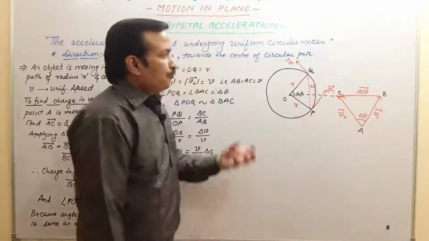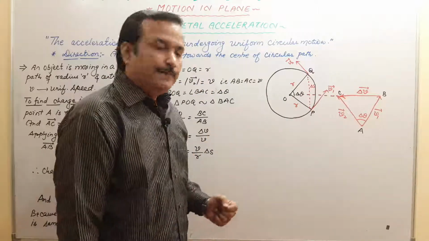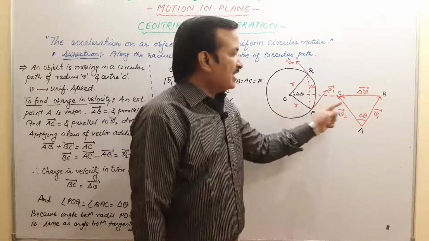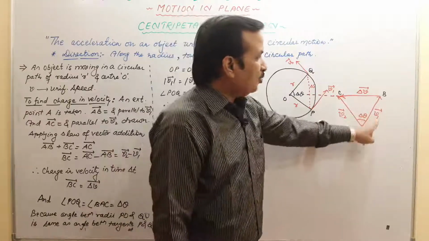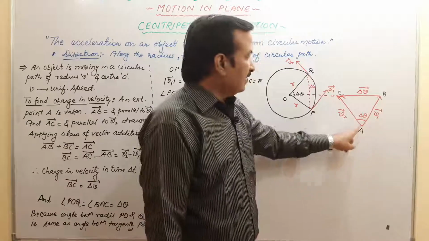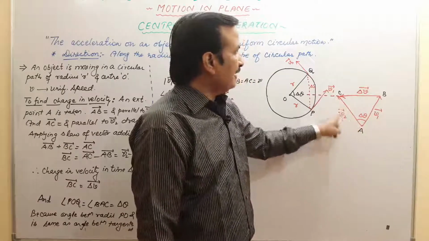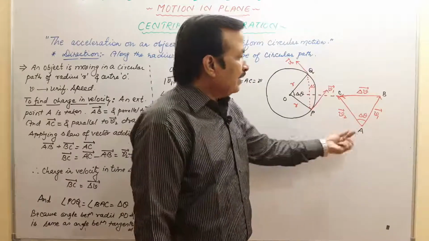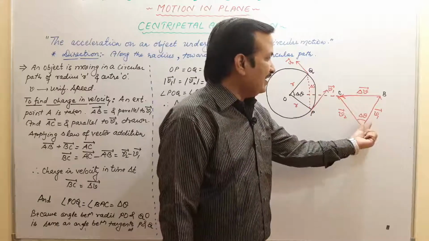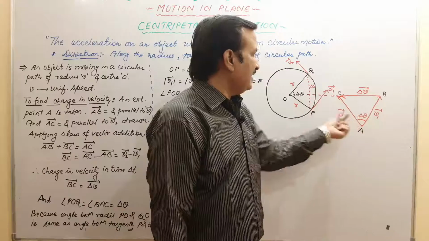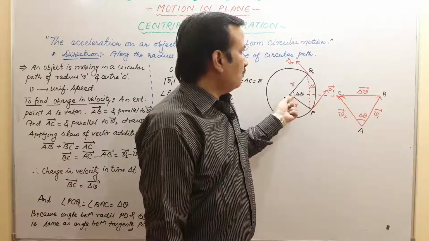Now to find the change in velocity, we will take an external point A such that AB will be showing velocity vector v1, and AC will be showing velocity vector v2. You will find the angle between AB and AC is del theta, which is the angle between OP and OQ.